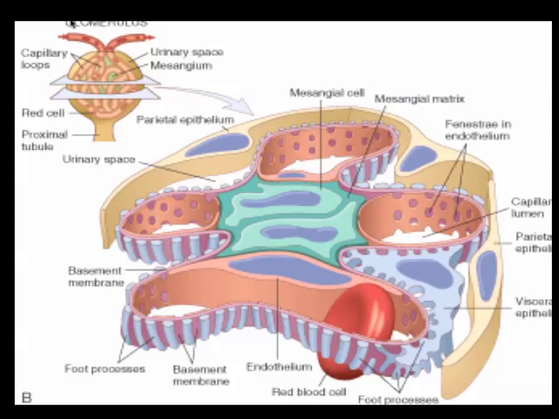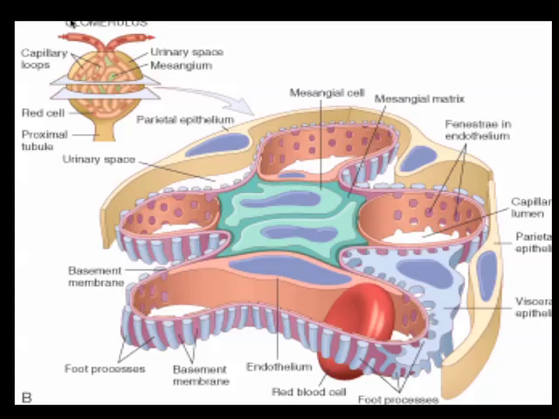The capillary loop itself is supported by 1 or 2 mesangial cells lying between several capillary loops and providing support for them. Each capillary loop is lined by a single endothelial cell, which is a very unique endothelial cell in that it has large holes or fenestrae within the endothelial cell surrounding the capillary lumen.